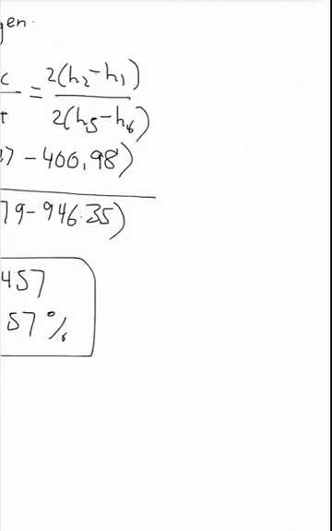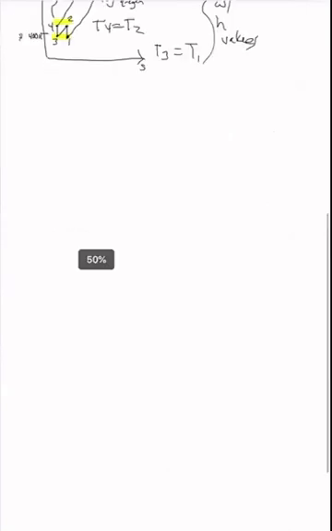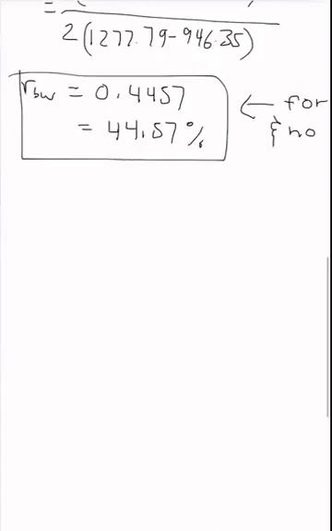So we just solved half the problem so far. So we can say for regenerator and no regenerator. All right, so based off this, we need to find the efficiency.